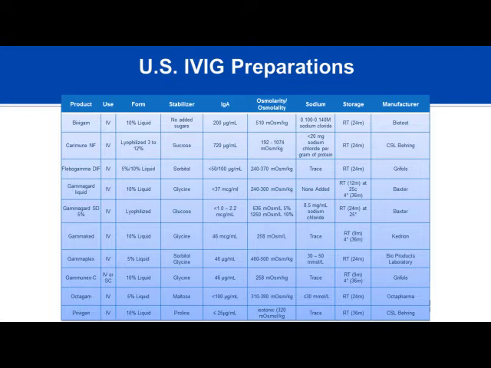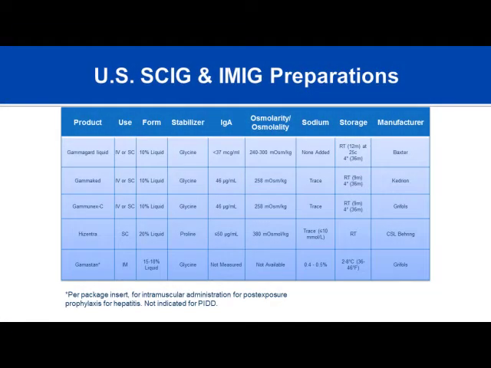They also are available in different storage formats, some which can be stored at room temperature, some which need to be stored in the cold, and they are made by different manufacturers. Those are the intravenous products. In the next slide, there are subcutaneous and intramuscular products available in the United States. The first listed are the currently available subcutaneous products, and they have also different characteristics.